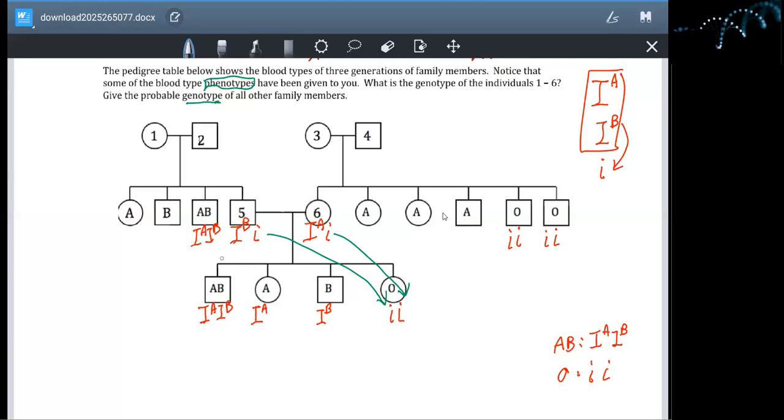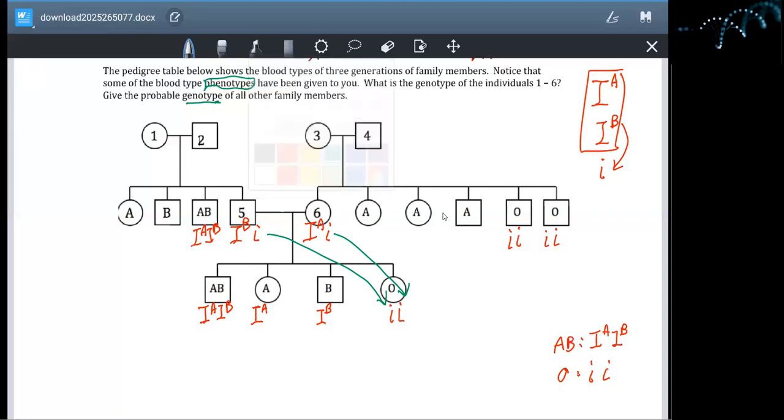Okay, now that we've done that, can we come back and figure this out? Do you think this individual will have, for the other allele, what type? Let's say mom gave the big IB. What can daddy give? Can daddy give big IA? No, because if it was big IA, big IB, this individual will be, yes, AB blood type group. So dad can only give little i.